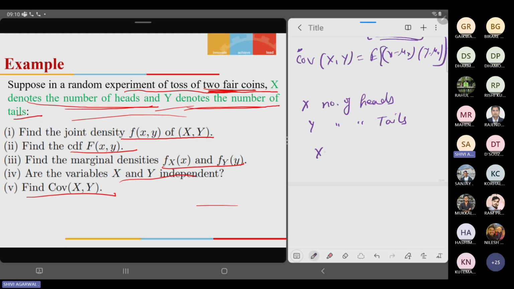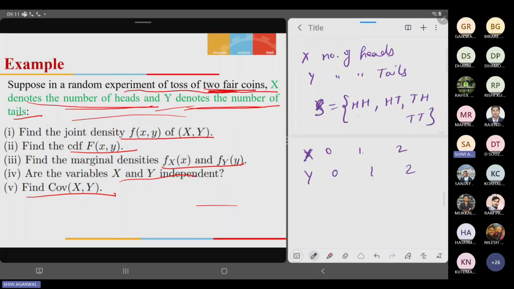Now X is the number of heads. When you take the sample space, how is it possible? Head and head, head and tail, then tail and head, and then tail and tail. This is the complete sample space. Clear? Now X is the number of heads. It may be 0, it may be 1, it may be 2. Now the density function for X is 0, 1 and 2. Similarly, Y is also 0, 1 and 2, the number of tails.